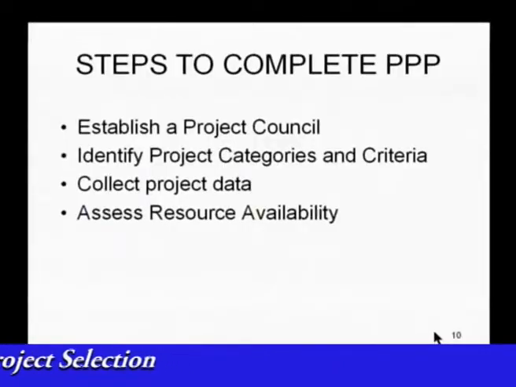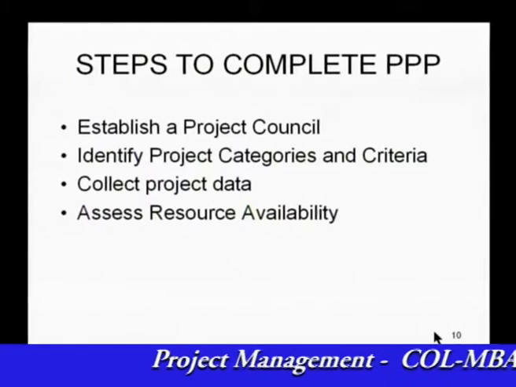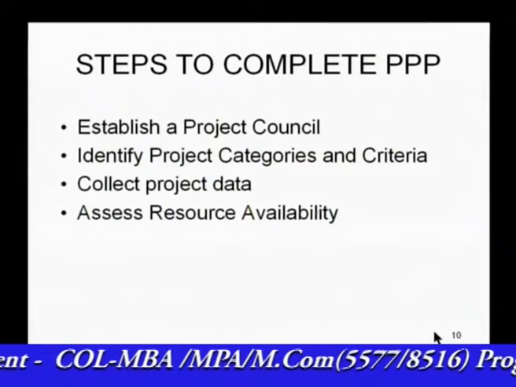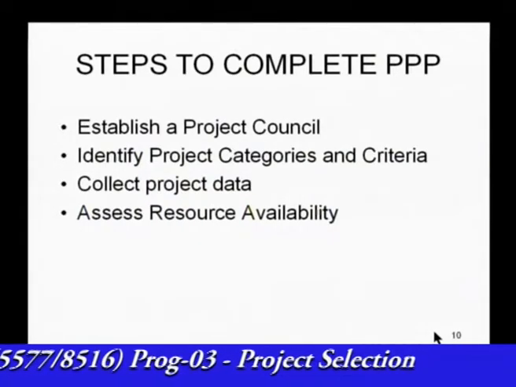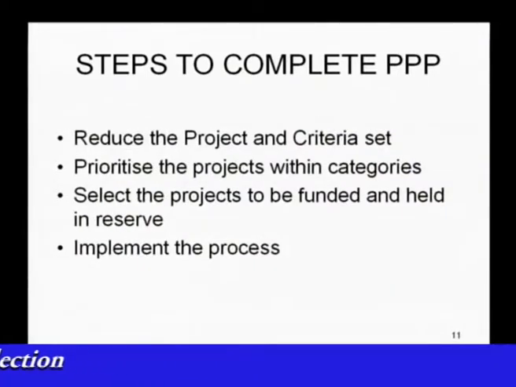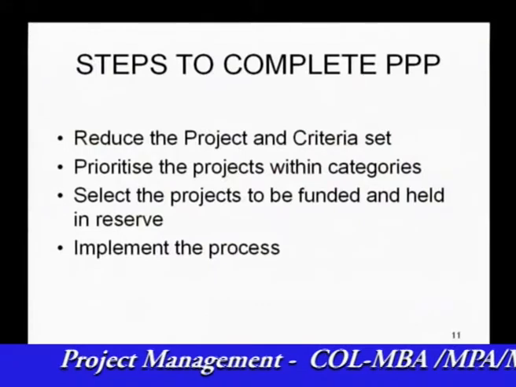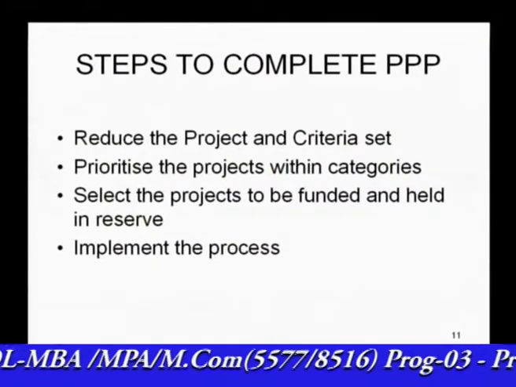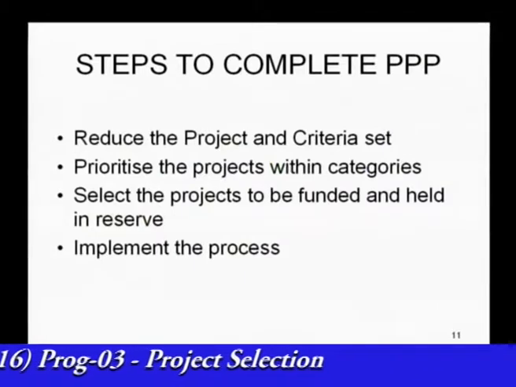The steps are, first of all, establish a project council, and then identify project categories and criteria, collect project data, assess resource availability, prioritize the projects within categories, select the projects to be funded and held in reserve, implement the process. Well, another question arises, who should be the member of project council?